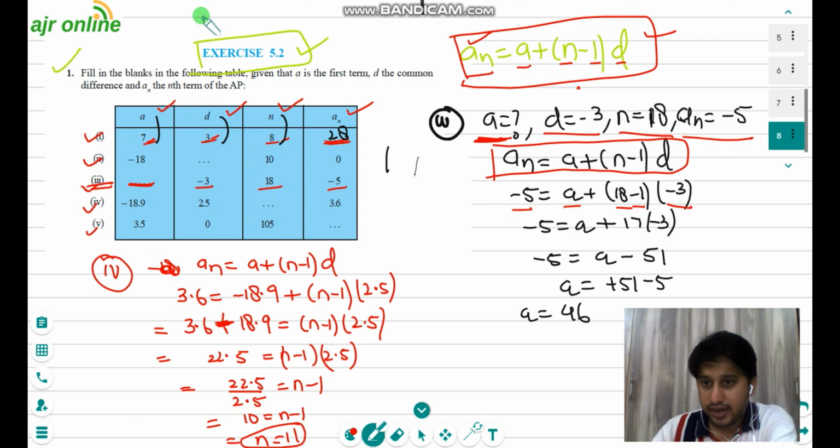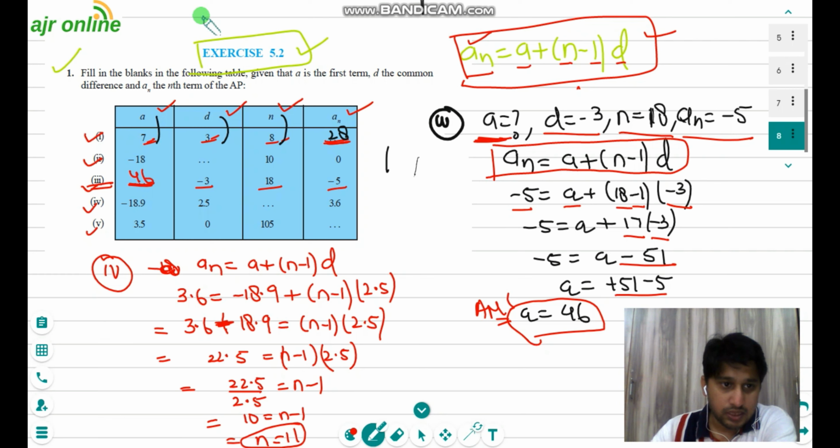So minus 5 equals a plus 17 into minus 3, which is minus 51. Minus 51 comes over here and becomes plus 51, minus 5. So a will come out to be 46. This is the answer of the third part.